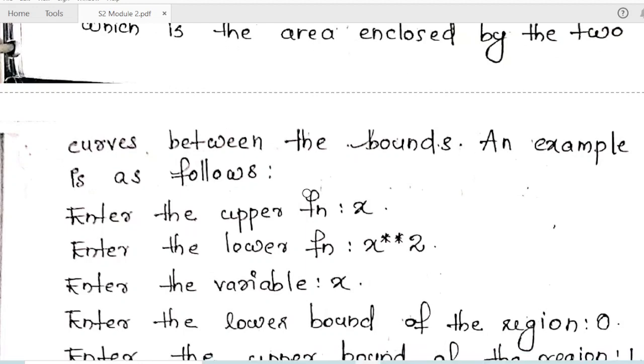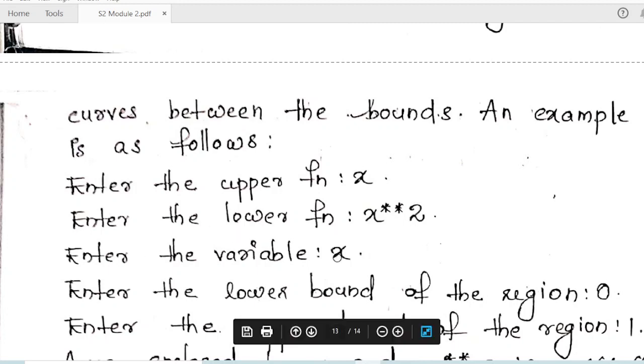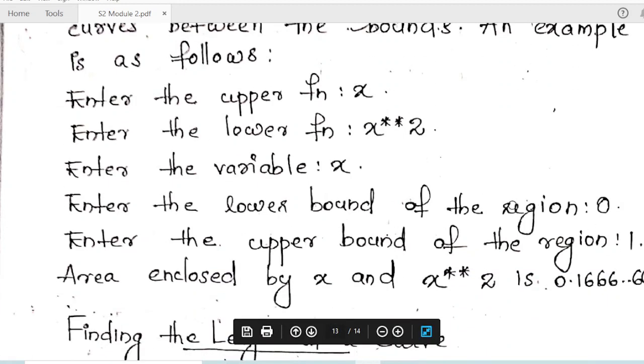An example is as follows. The output will look like this. Enter the upper function, a value entry; enter the lower function, x square. Enter the variable x, enter the lower bound of the region 0, enter the upper bound of the region 1. After you enter, you'll be getting area enclosed by x and x square is this value.